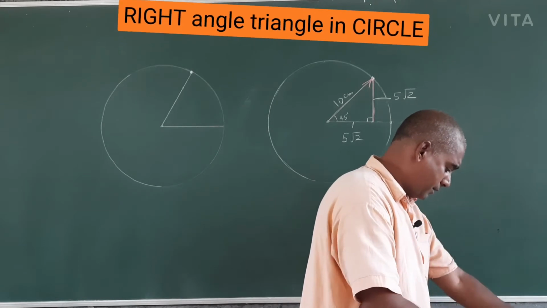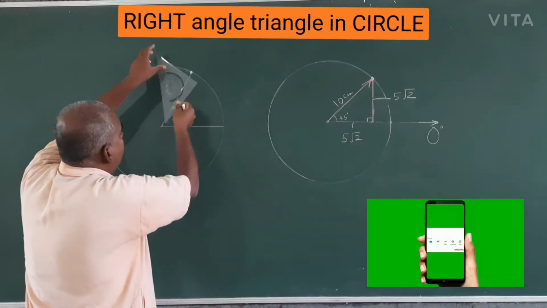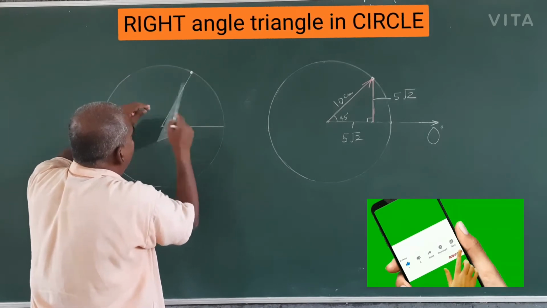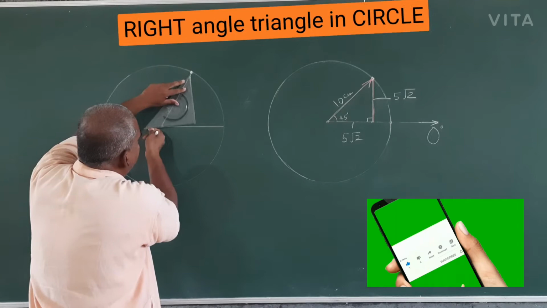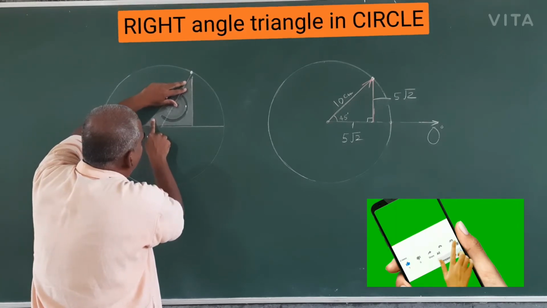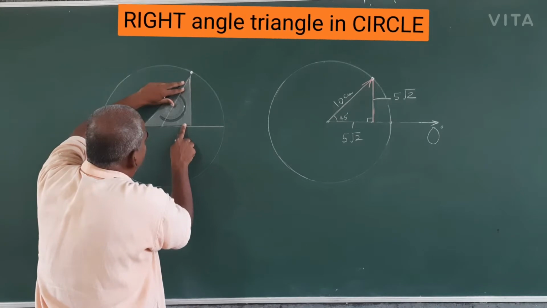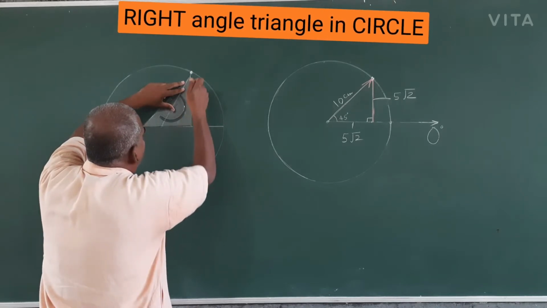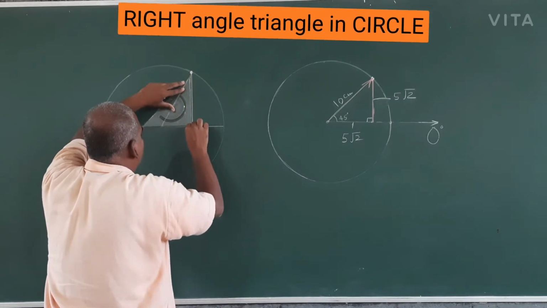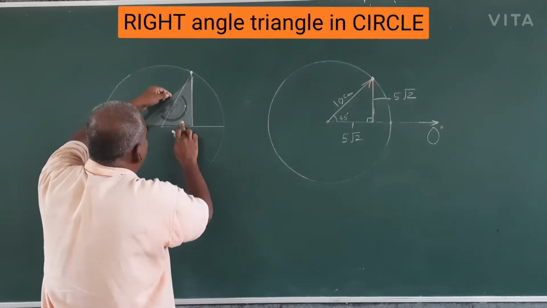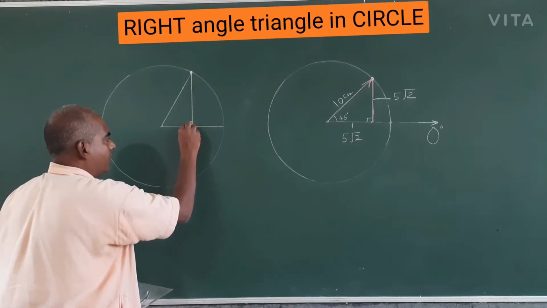Then in your copy you will draw it. With the help of a set square, draw a perpendicular from here. So you have got a right angle triangle. This is a right angle triangle.